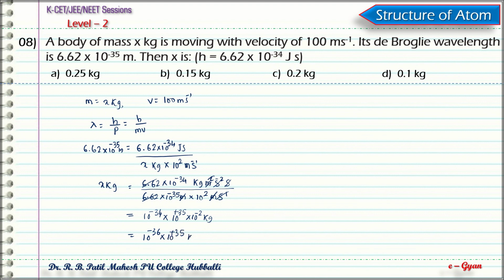So answer what you are going to get, it is in terms of 10 to the power minus 1 kg, which can also be written as x kg, which is equal to 0.1 kg. The correct option is option D.